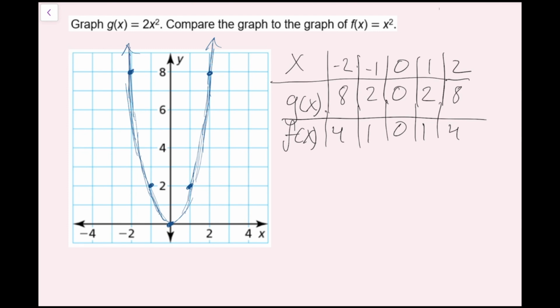Okay, I'm going to graph this one in pink. So my vertex is going to be the same, but now I have this point and this point. And I can also fit 3 for an input, because 3 squared is going to be 9. I'm not going to do that on my table, but that's going to be right there. And that means I can fit -3 as well.